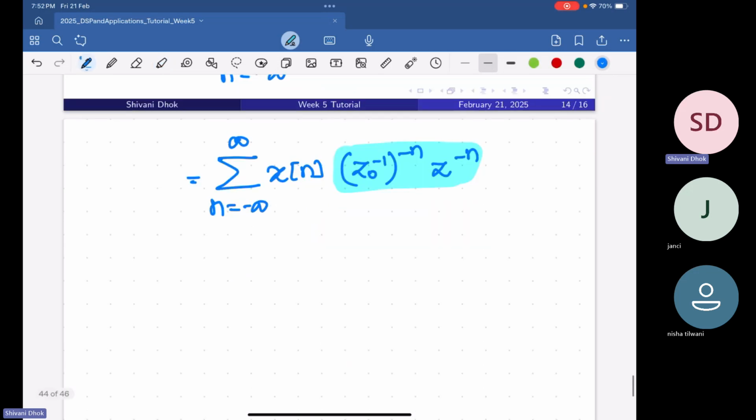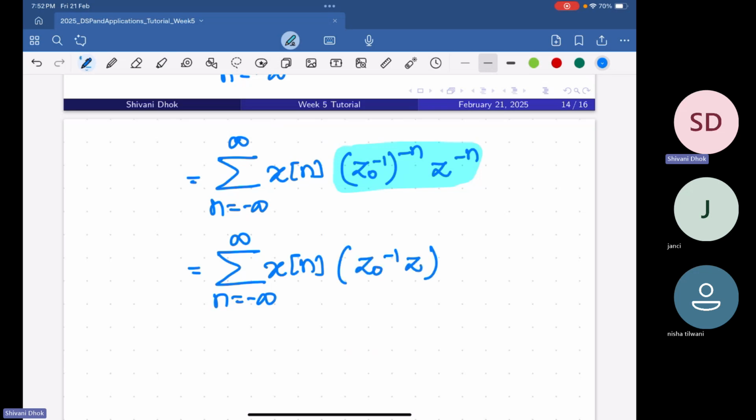So now I can write this as summation n running from minus infinity to infinity x of n into z naught inverse z to the power minus n. This is our x1 of z.